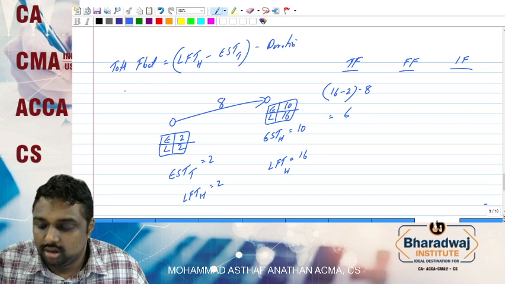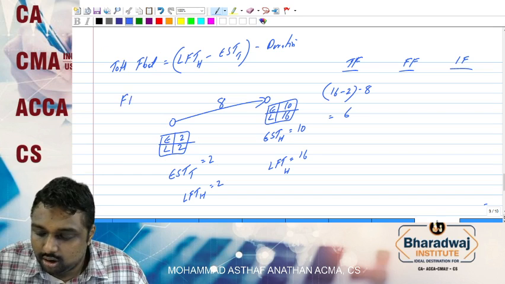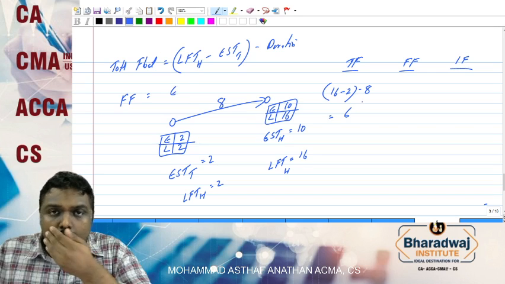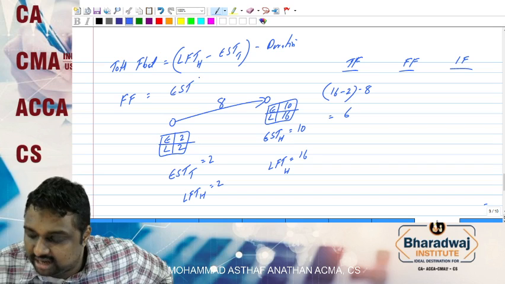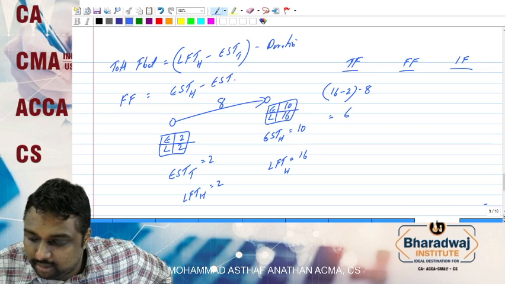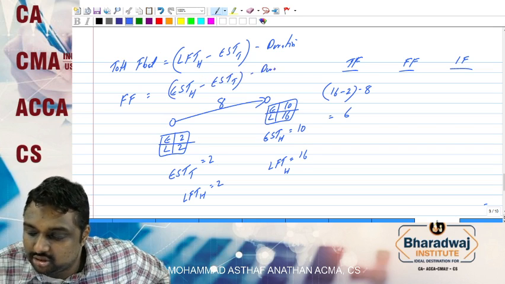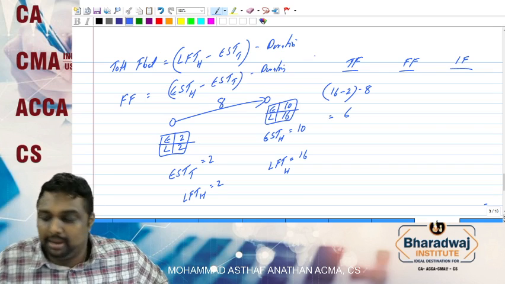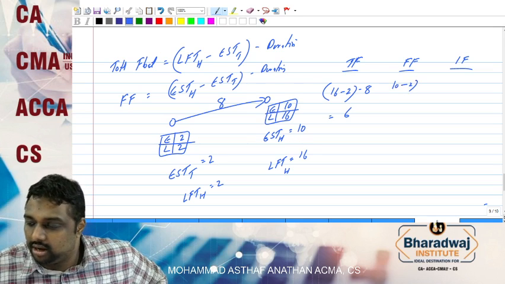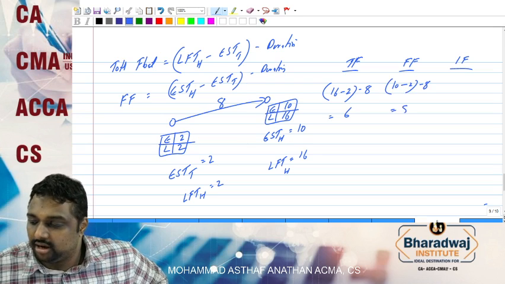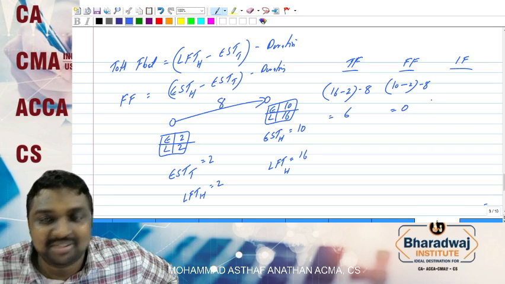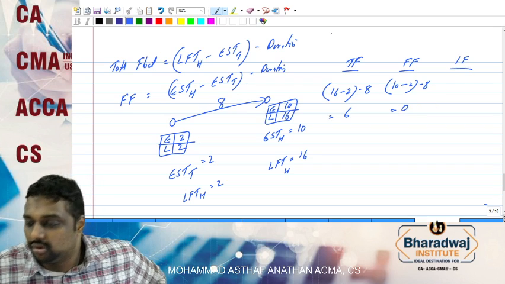Now free float. What is meant by free float? Free float is the earliest start time of head node minus the earliest start time of tail node minus duration. That means the earliest start time of head node is 10, minus tail node 2, which is 8, minus duration 8, which is 0. Now independent float.